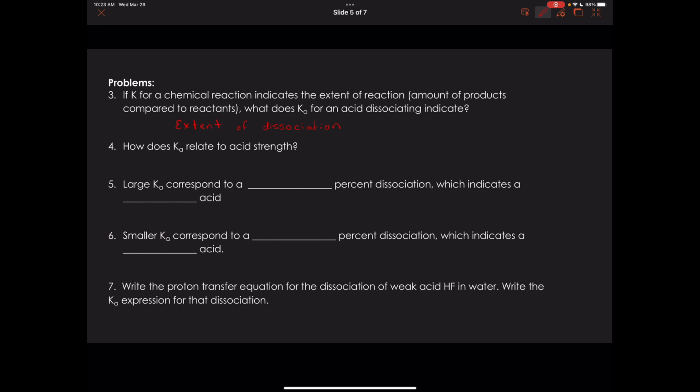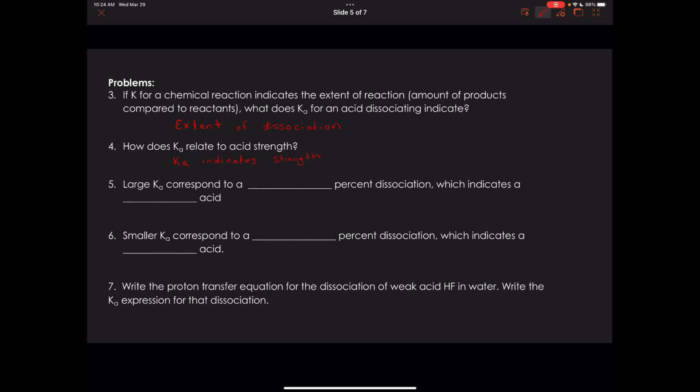Now, dissociation indicates strength. So the extent or the degree of dissociation indicates strength. Ka indicates the extent of dissociation. So in turn, Ka indicates strength. So in terms of strength, the greater the percent dissociation, the stronger that substance is.